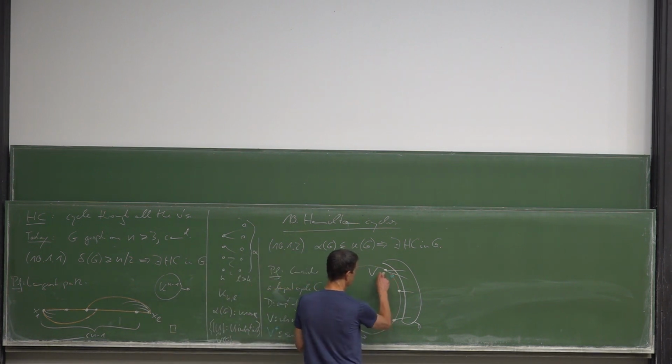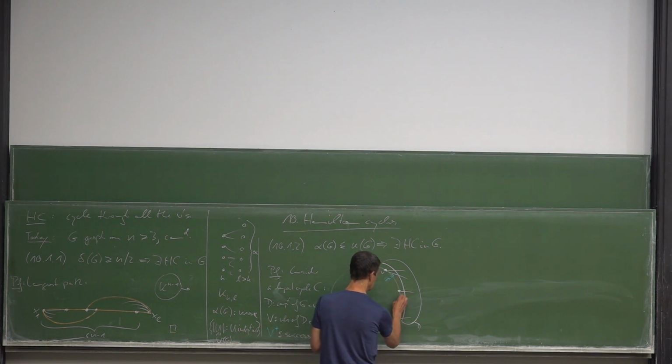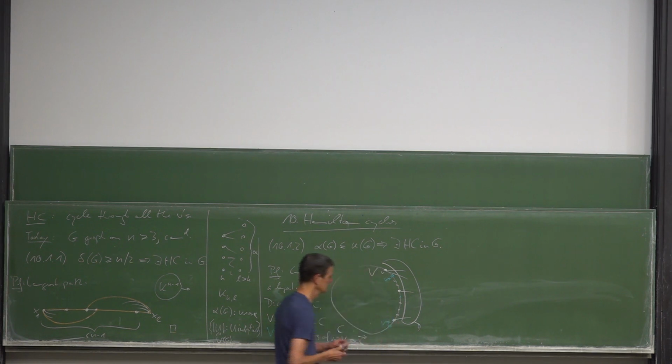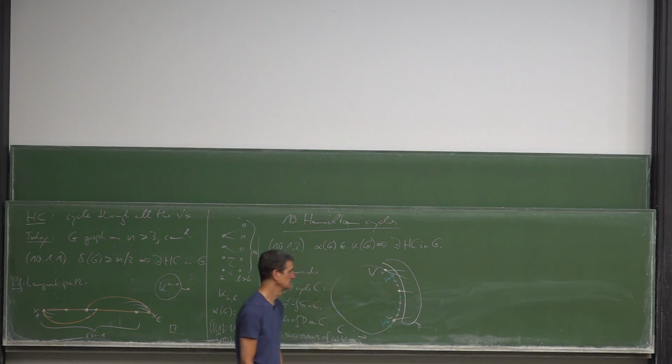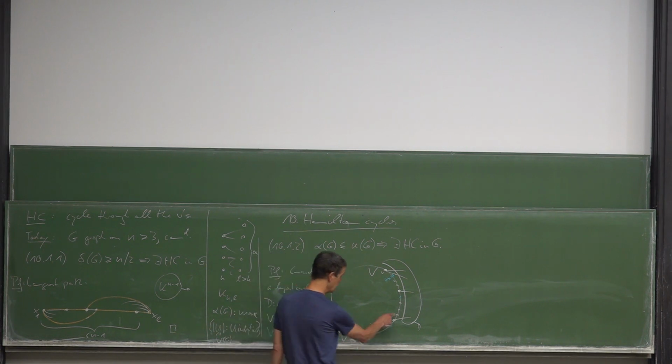So if this is little v in V, then its successor, say clockwise, is little v plus. So every neighbor of D has a successor, which I call v plus. Theoretically, for the moment, this v plus could also be a neighbor of D, could also be in big V. But in fact, it can't.